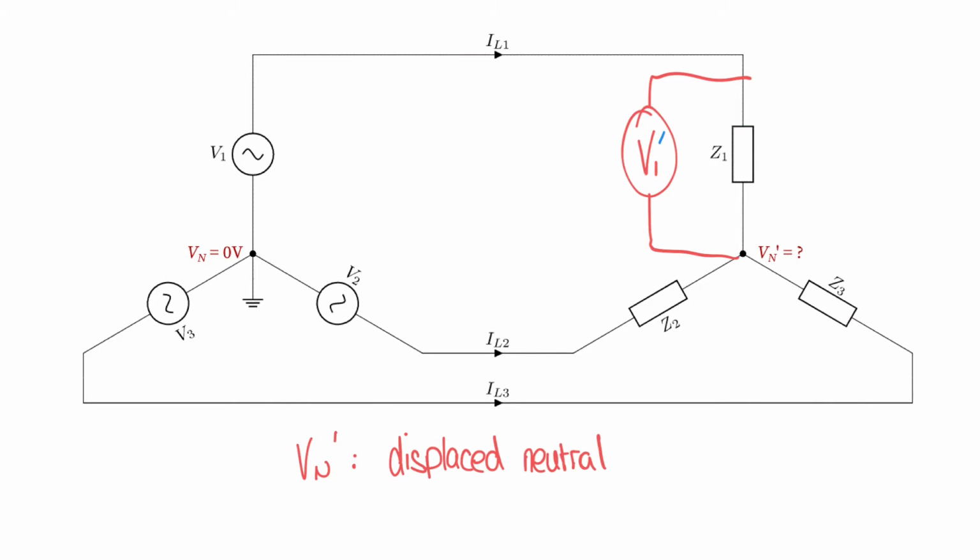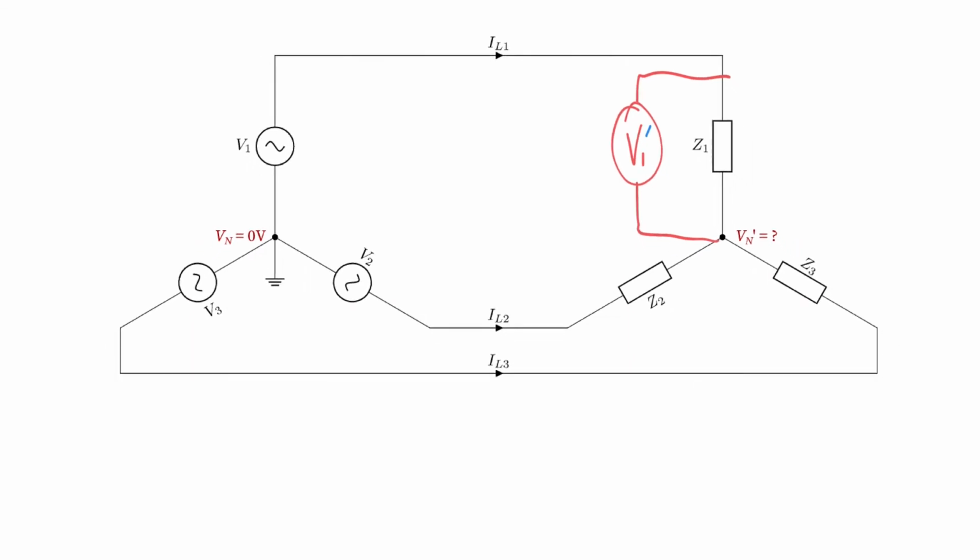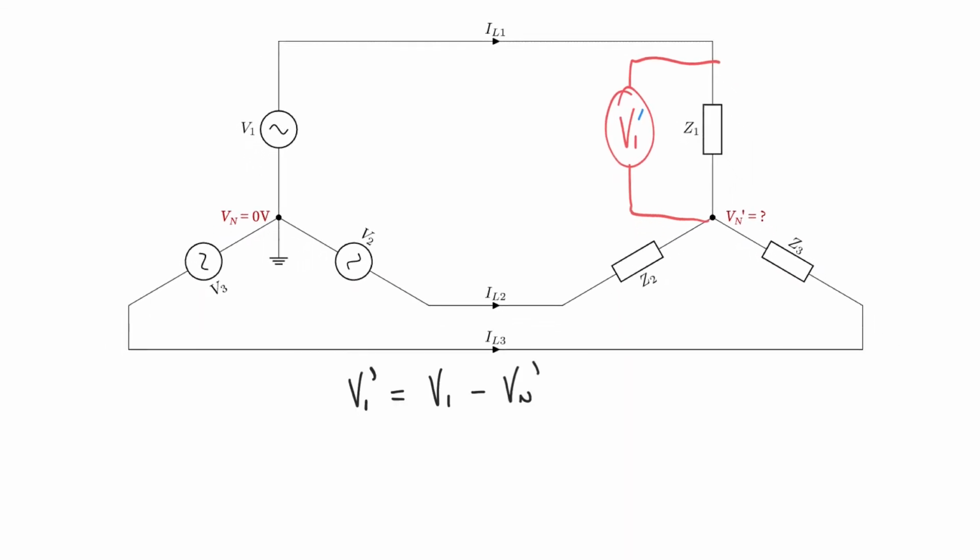Similarly, we want to calculate V2 dash and V3 dash, but these are all potential differences, and we would express them like this. V1 dash is equal to V1 minus Vn dash. It's the potential difference between V1 as applied relative to Vn dash, the neutral point on our load side.